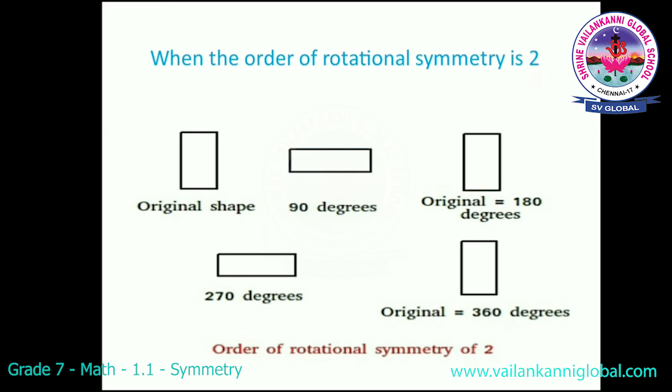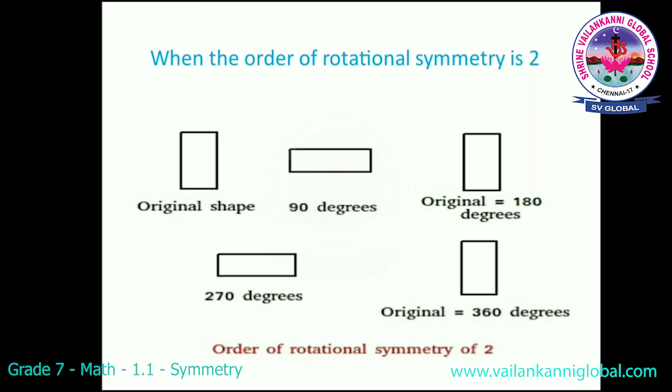Then what is the order of rotational symmetry? Order of rotation: see here we have a rectangle. When it rotates by 90 degrees, it has a horizontal shape. When it rotates by 180 degrees, it looks like the original shape. In the same way, when it rotates by 270 degrees, again it is in a horizontal position. Then when it rotates by 360 degrees, it is in the vertical form, the same as the original shape.